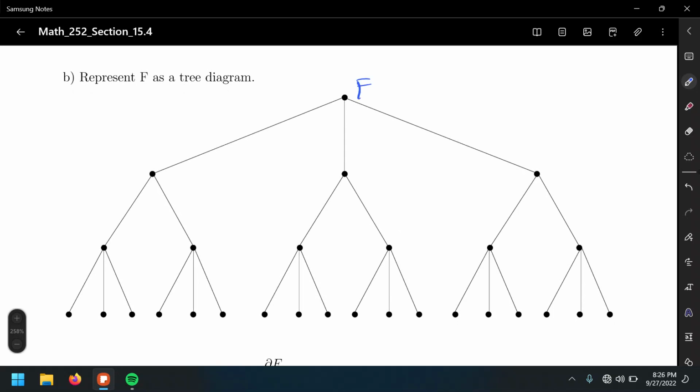Let's call this F. F depends on X, Y, and Z, which at the same time, both X, Y, and Z depend on S and T. And at the same time, each S and T depend on U, V, and W. U, V, W. And a couple more times.